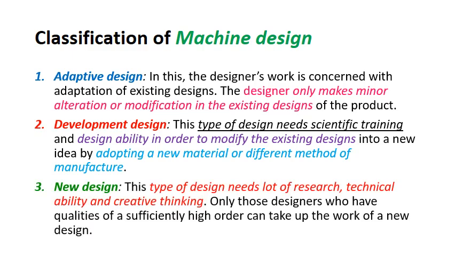Third one, new design. In this case, the design evolves from scratch, right? So a lot of research, technical ability and creative thinking is needed to do so. So only those persons who have qualities of sufficiently high order can take up this new design.